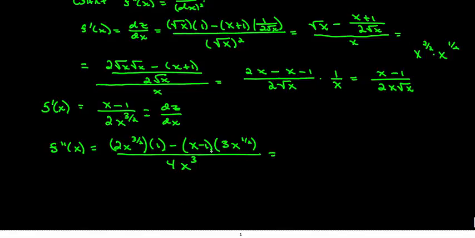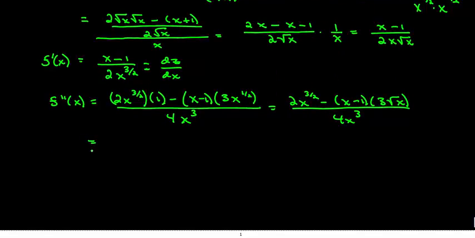So let's go ahead and reduce our top a little bit. This becomes 2x to the 3/2 minus x minus 1 times 3 times the square root of x. And that's all over 4x to the third.